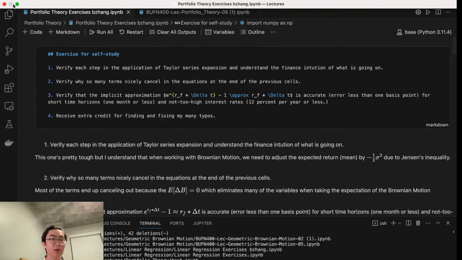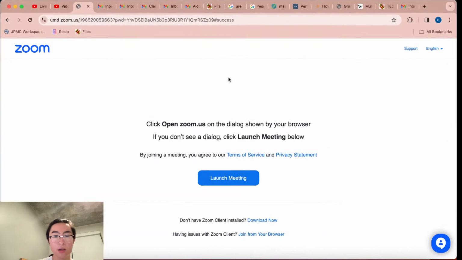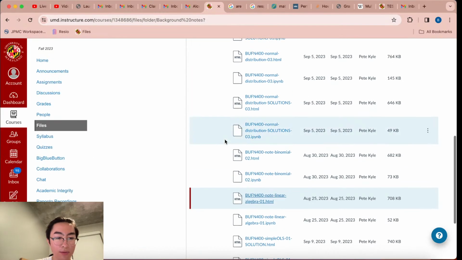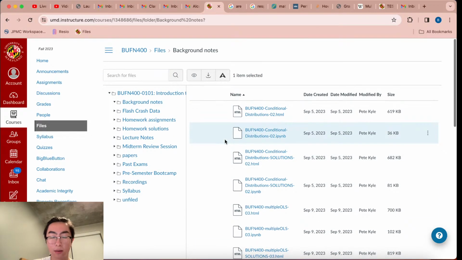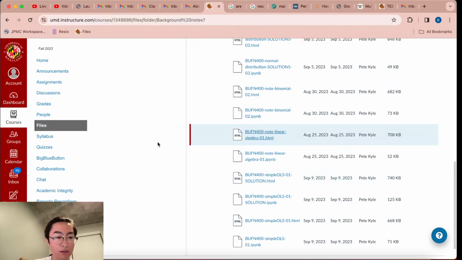Okay, let's go. Got the portfolio theory exercises done. I am going to submit this, go brush my teeth, and then probably come back, go through some flashcards, and then head to bed.